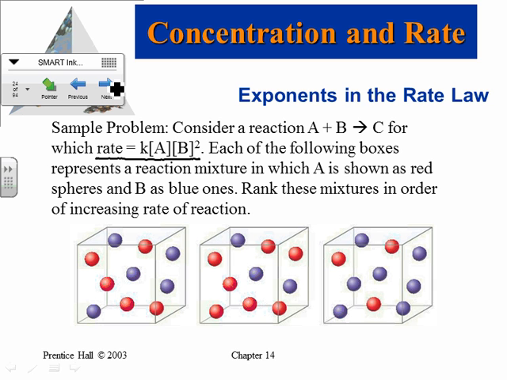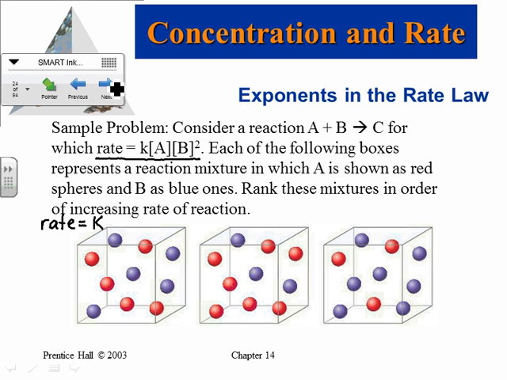Let's say each of these boxes is a liter. It doesn't really matter as long as we do it the same across the board. So every dot we'll just count as 1, and we'll plug that into our rate law. So this first one here, our rate is going to equal whatever k is, and it doesn't really matter because it's going to be the same for each of these.